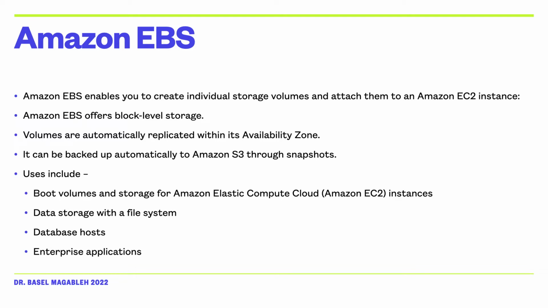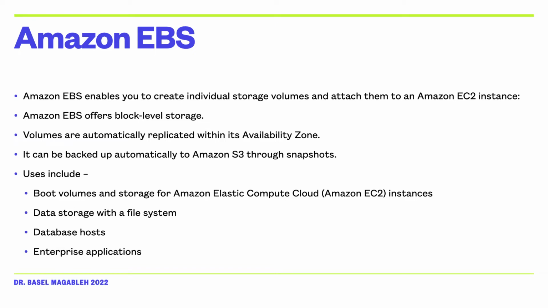Any other snapshot after the baseline captures only what is different from the previous snapshot. Volume uses include boot volume, so they can be used to boot the EC2 instance, and data storage with a file system, a database host, or an enterprise application.